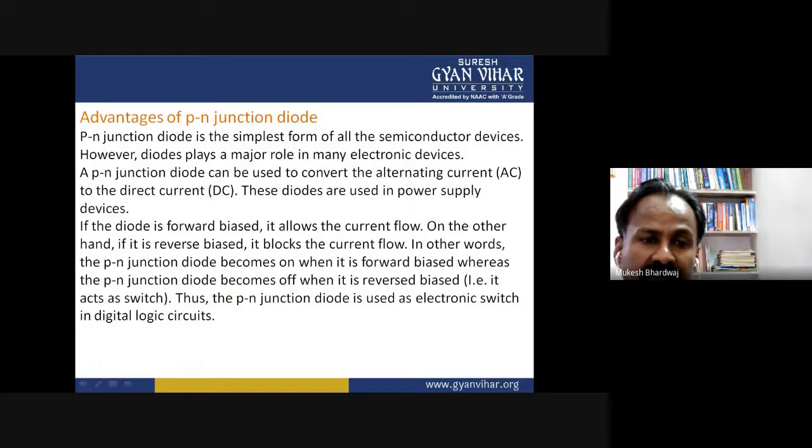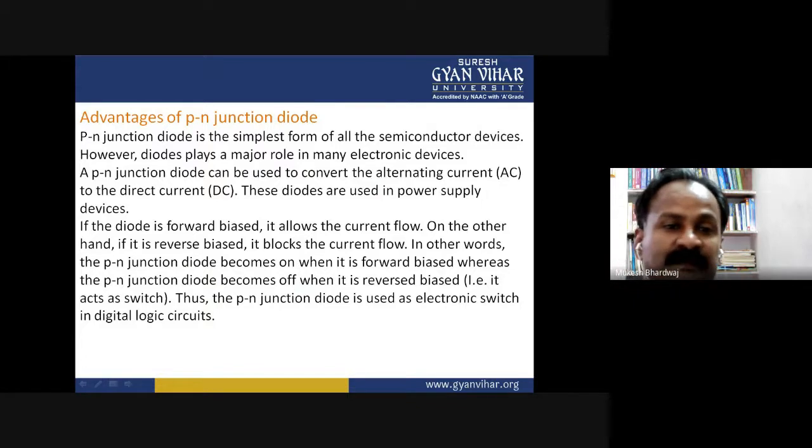Advantages of PN junction diode. The PN junction diode is the simplest form of all the semiconductor devices. However, the diode plays a major role in many electronic devices. A PN junction diode can be used to convert alternating current to direct current.